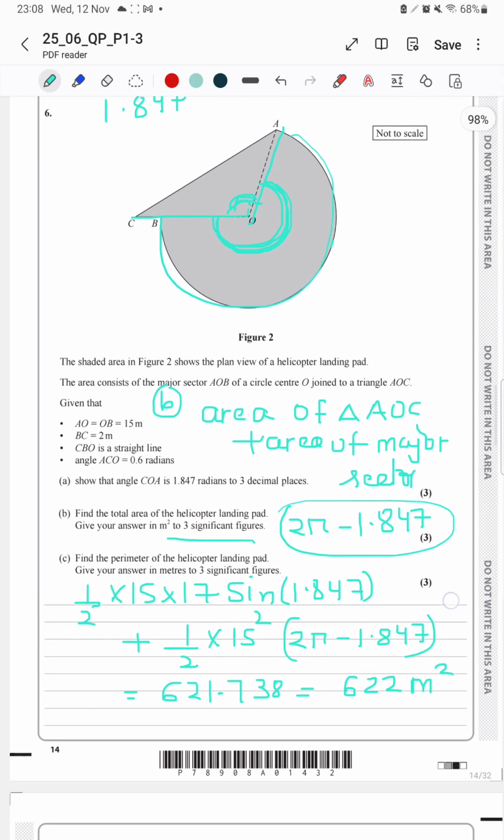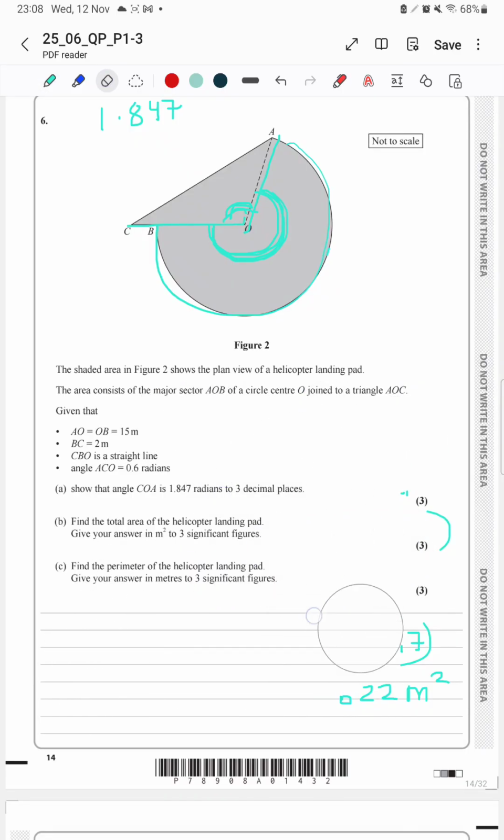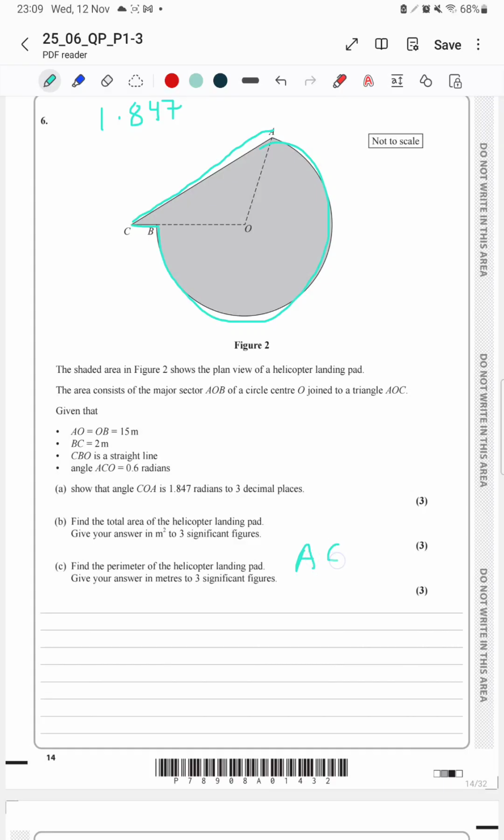Then we have the next part. You need to find the perimeter of this helicopter landing pad. When you have to find the perimeter, it is very important to understand that we need this length, we need this length, and then we need the arc length. So basically the perimeter will be AC plus BC plus the arc length, which is r theta.